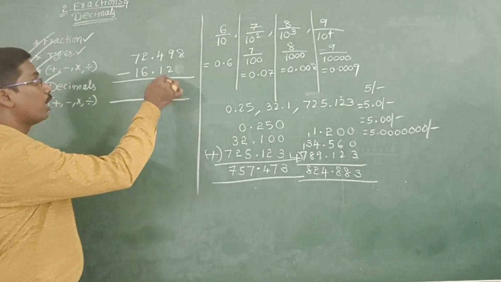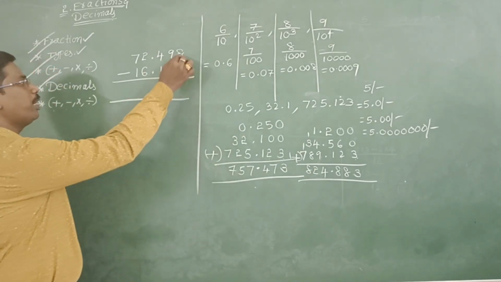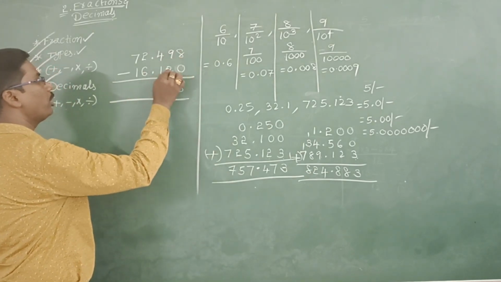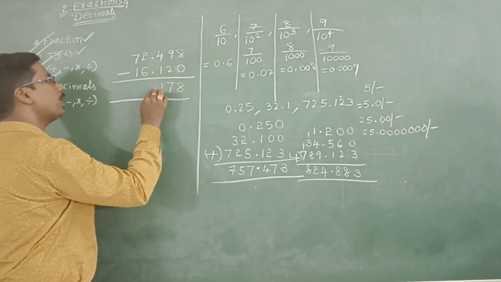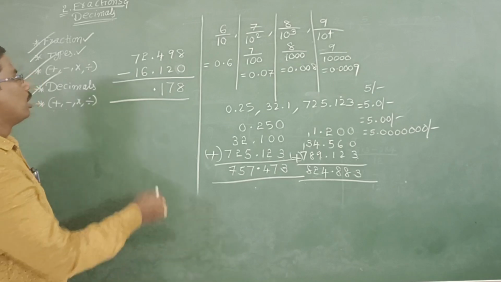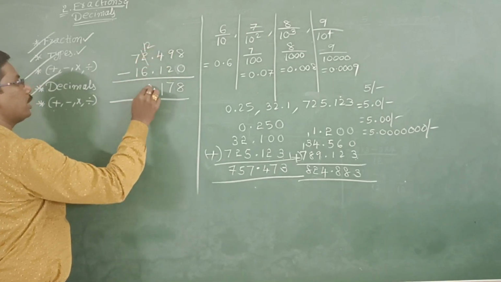In this place, we have to keep 0. Now, 8 minus 0 is 8. 9 minus 2 is 7. 4 minus 1 is 1. The point should come because the point is there. 2 minus 6 is impossible, so it will become 12. 12 minus 6 is 6.